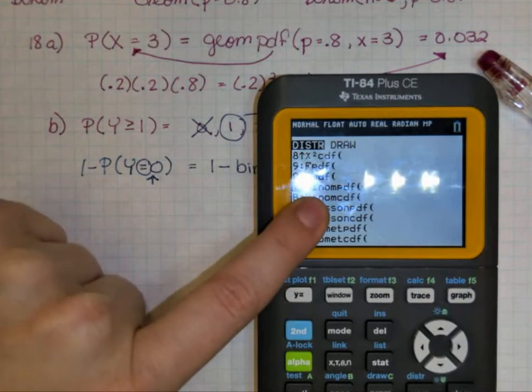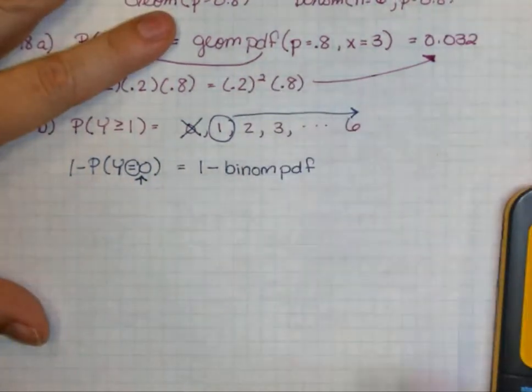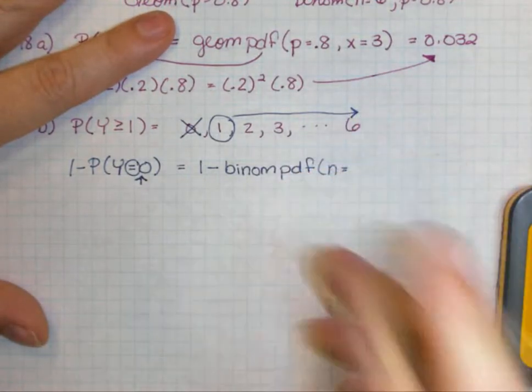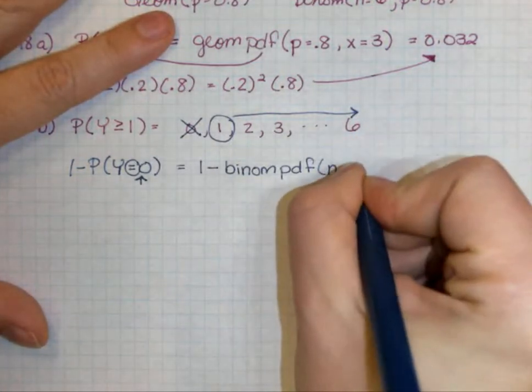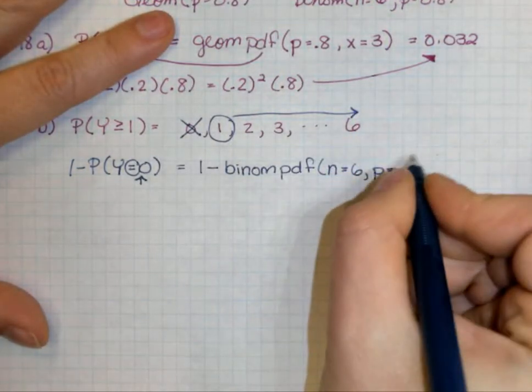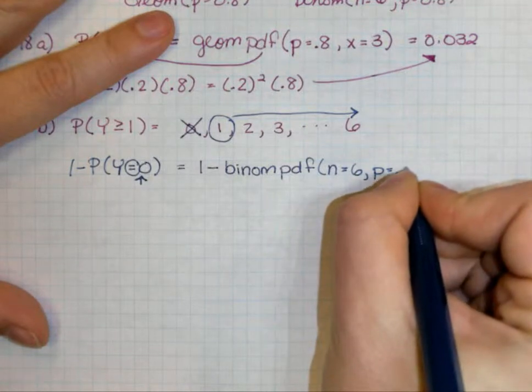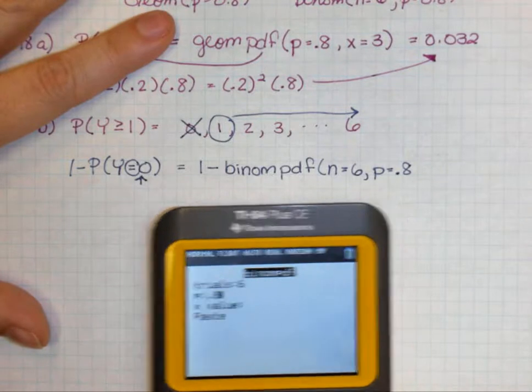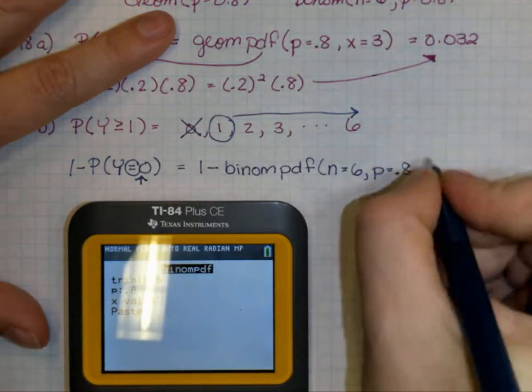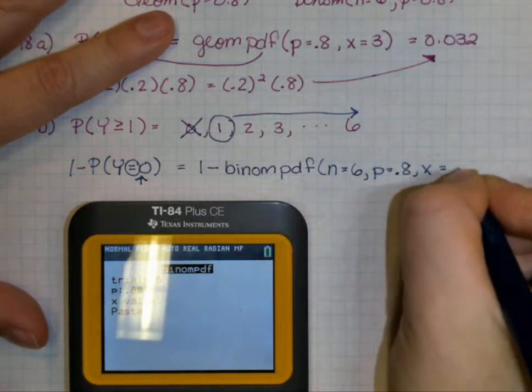There's the binomial PDF. So trials, that means I'm going to put n equals how many trials? 6. What was p? 0.8. And what is x? 0.